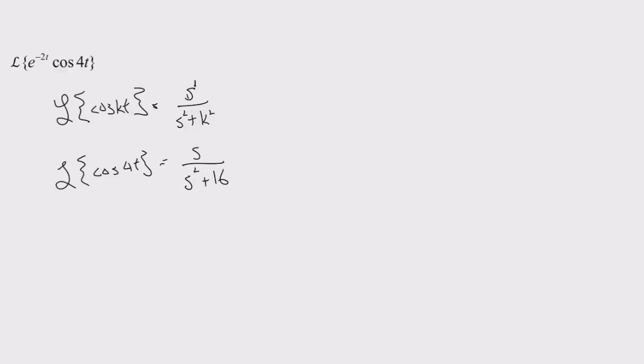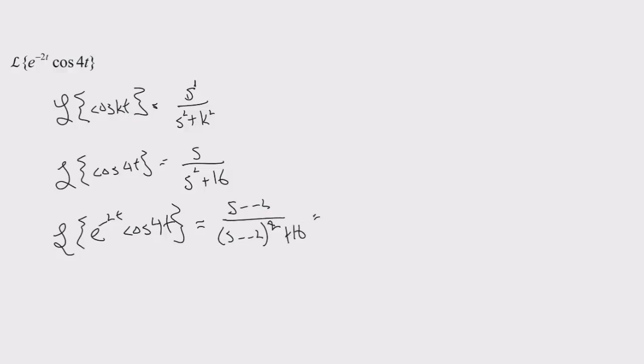So if we take into account that e to the negative 2t, so let me set that up, e to the negative 2t, cosine 4t. Okay, so essentially anywhere I have an s, there's going to be a subtract a negative 2. Plus 16.